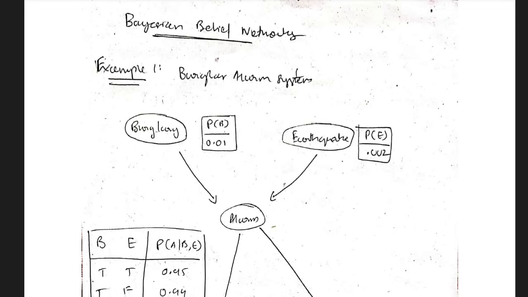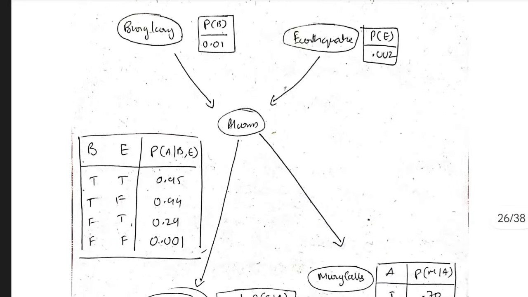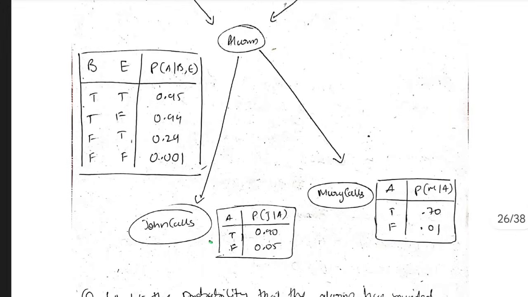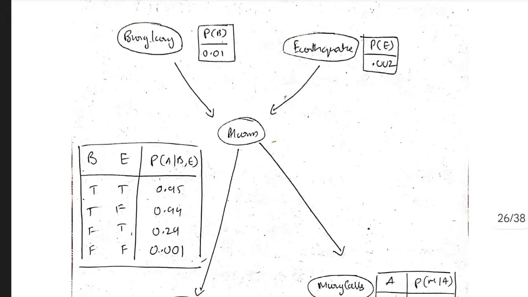So here is a burglar alarm system. If there is an earthquake or a burglary, the alarm will sound, and the alarm is heard by 2 people, Mary and John. If any of these 2 people hear the alarm, they will call the owner of the house. Okay, you got the scenario, right?